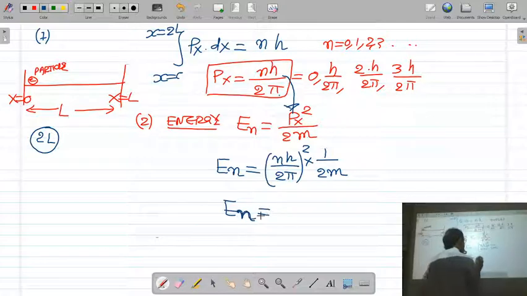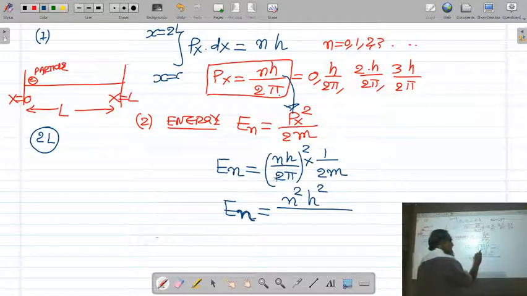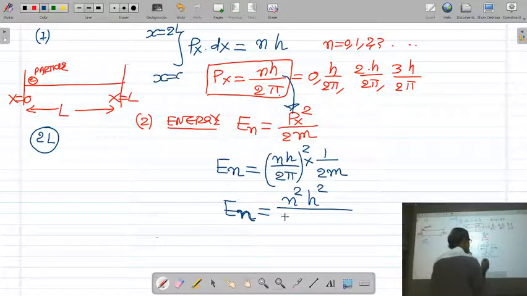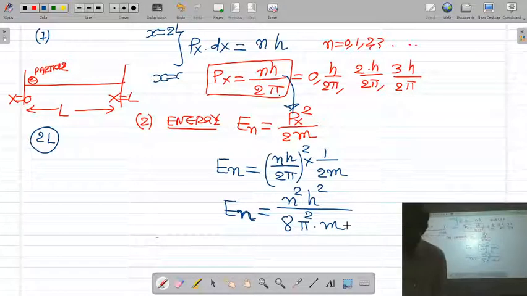So the final equation is n square h square upon 4l square into 2m, that is 8 m l square. This equation gives the energy of a particle moving in a one-dimensional box.